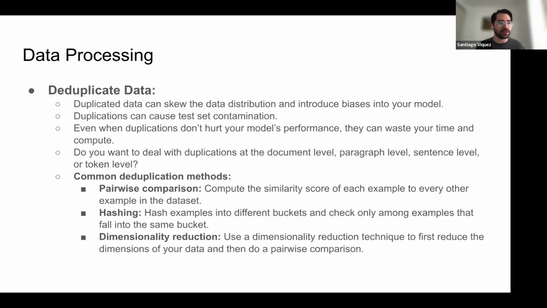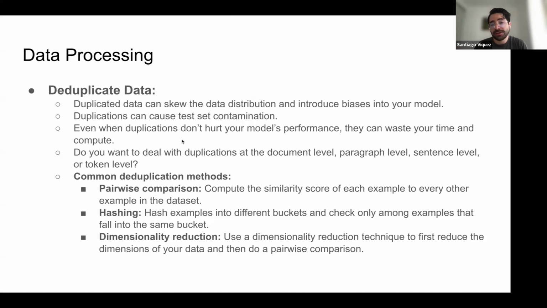Another step we carry out in the processing is deduplication. As we already spoke, duplicate data can skew the data distribution and introduce biases into your model. Duplication can also cause test set contamination, as we said.